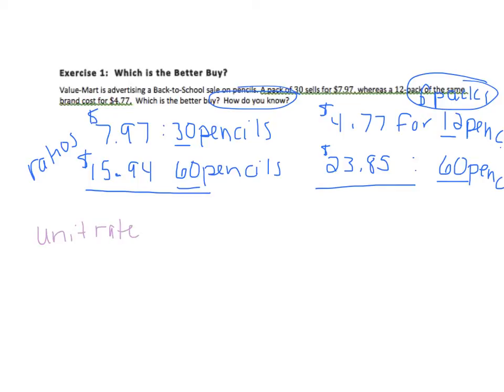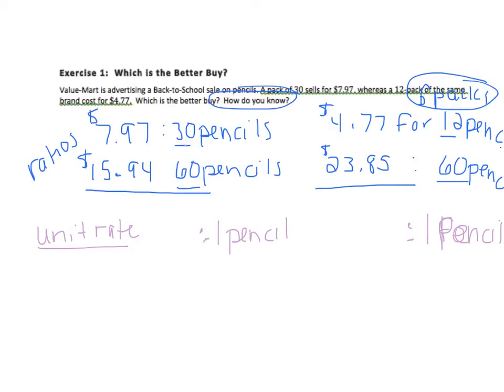The other way is we could make unit rates. You could compare per one. Remember, the unit rate is per one. So you can do some division to figure out how much would it cost for one pencil. That's the unit rate per one for one pencil. So we could divide, if it's $7.97 for 30, how much would it be for one?